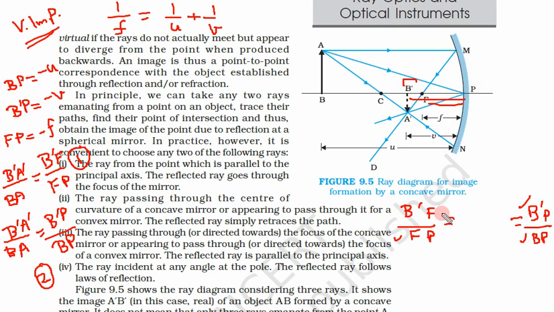This total distance is B'P minus this distance FP, divided by this FP. This is our third step.